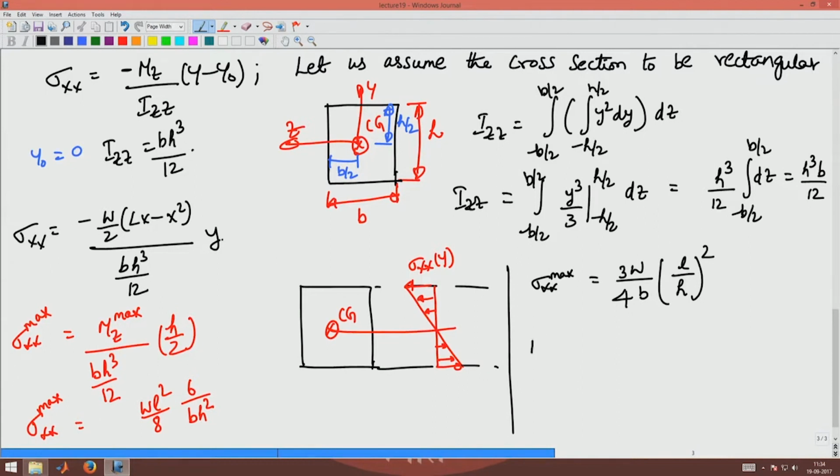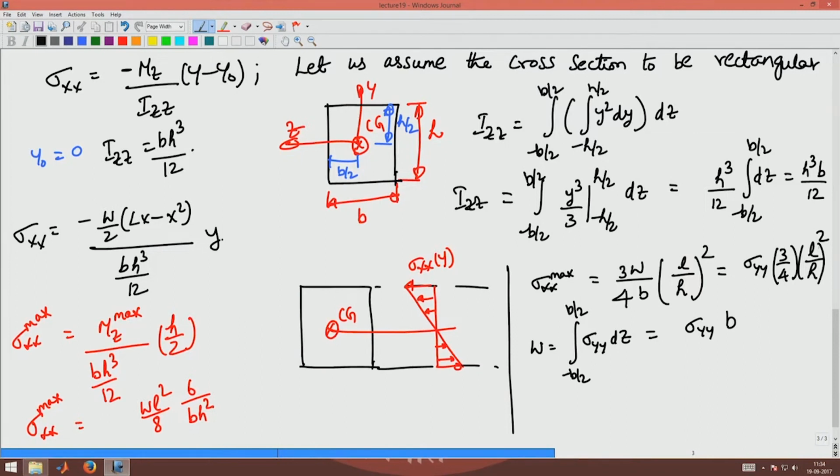W by definition was the integral of sigma yy into dz from minus b by 2 to b by 2, that is sigma yy into b was W. So W by b is sigma yy. So this happens to be sigma yy into 3 by 4 into L by h the whole square.